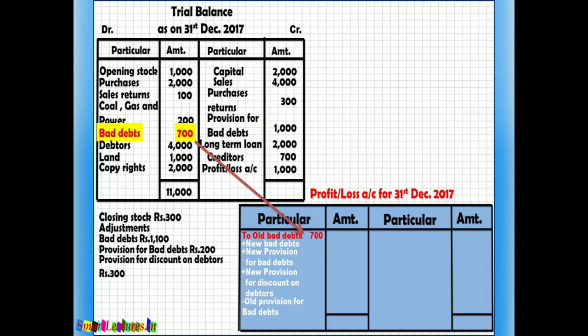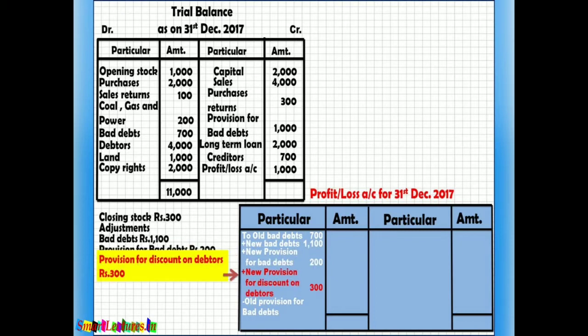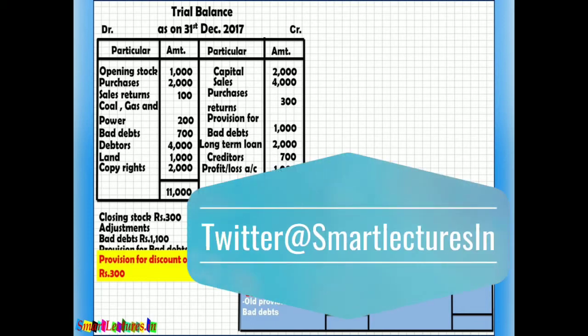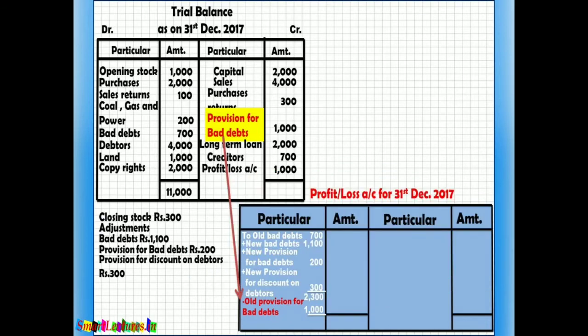Old bad debts means bad debts taken from the debit balances of trial balance, that is 700, plus new bad debts, we know it is 1100, plus new provision for bad debts, that is 200, plus new provision for discount on debtors 300, and the total is 2300 minus old provision for bad debts 1000, and the balance will be 1300 in the outer column.